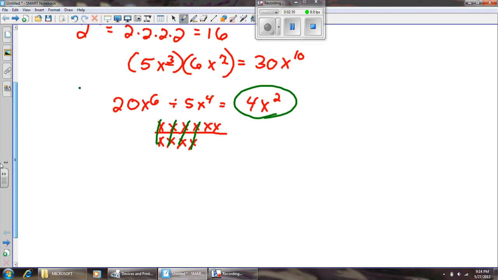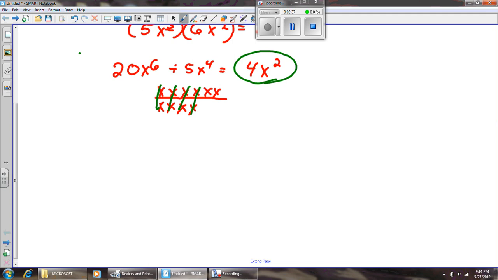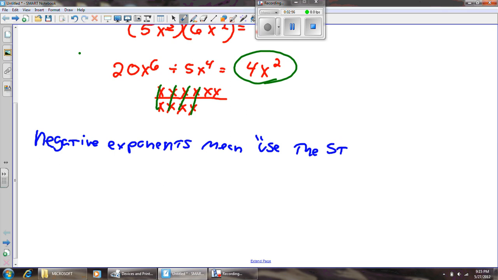Okay, now, remember that negative exponents mean use the stairs.